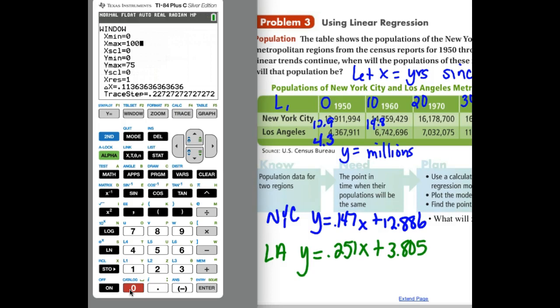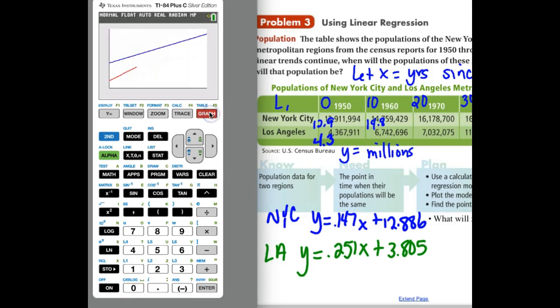So for our y values, our population, let's say we go up to maybe 30 million. Hopefully they'll intersect before they hit that. If we can't see the point of intersection, we can always change this window and make it a little bigger. All right, let's look at our graph. And there, just towards the edge, in the upper right corner, we do see a point where they intersect.